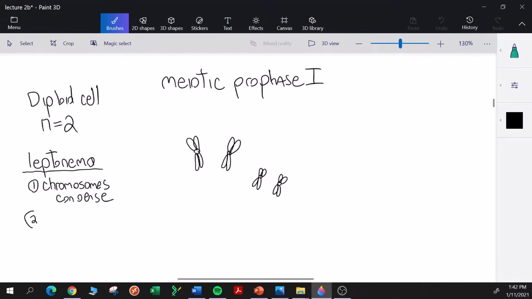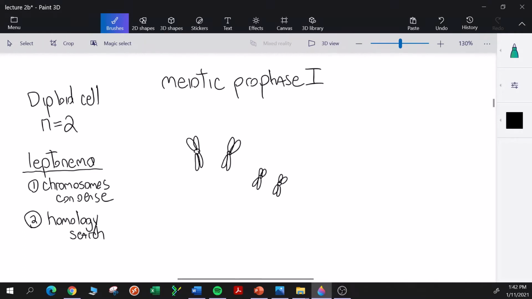Another thing that happens during leptonema is a homology search begins. Now this is unique to meiosis. This homology search, where homology sort of means similar, it's a similarity search, because meiosis needs to pair up the homologous chromosomes.